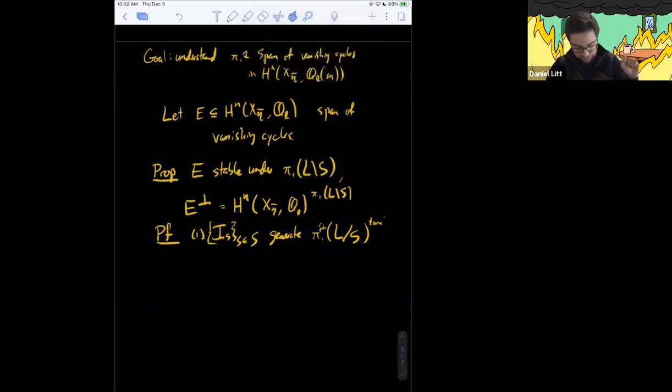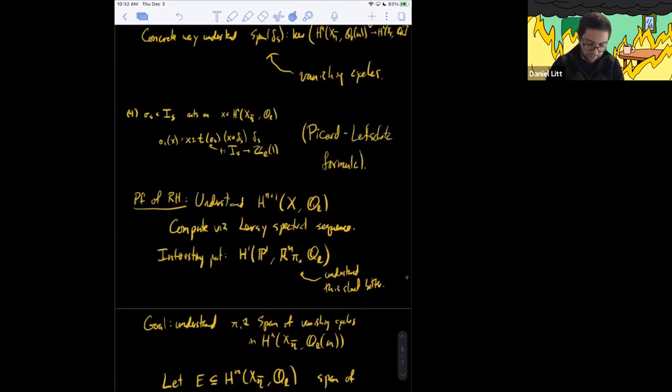Maybe let me make a couple remarks on this. I haven't told you what the tame pi1 is, but the simplest thing to say is that Picard Lefschetz tells you that this representation factors through a pro-L group.